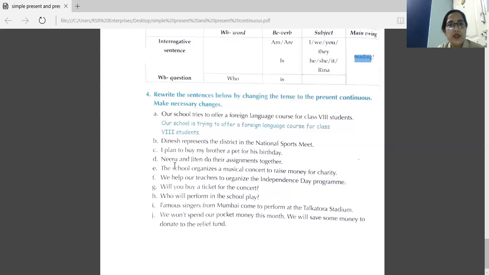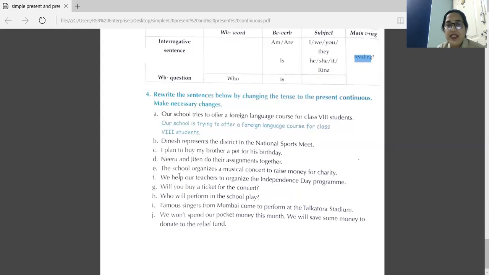Fourth, Neeru and Jatin do their assignments together. Neeru and Jatin are doing their assignments together. This is present continuous. Next one. The school organizes a musical concert to raise money for charity.